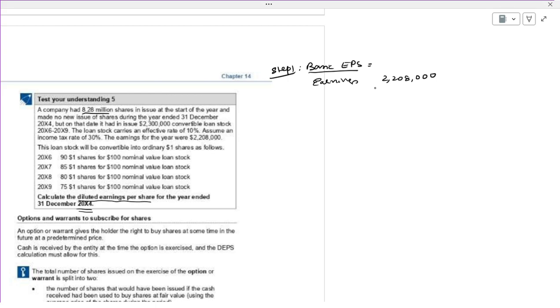The loan stock carries an effective rate of 10%.